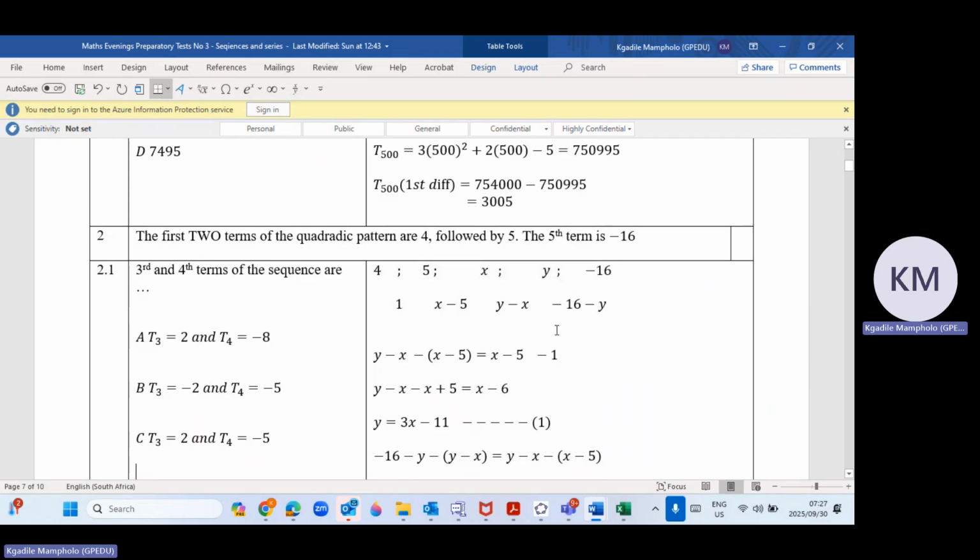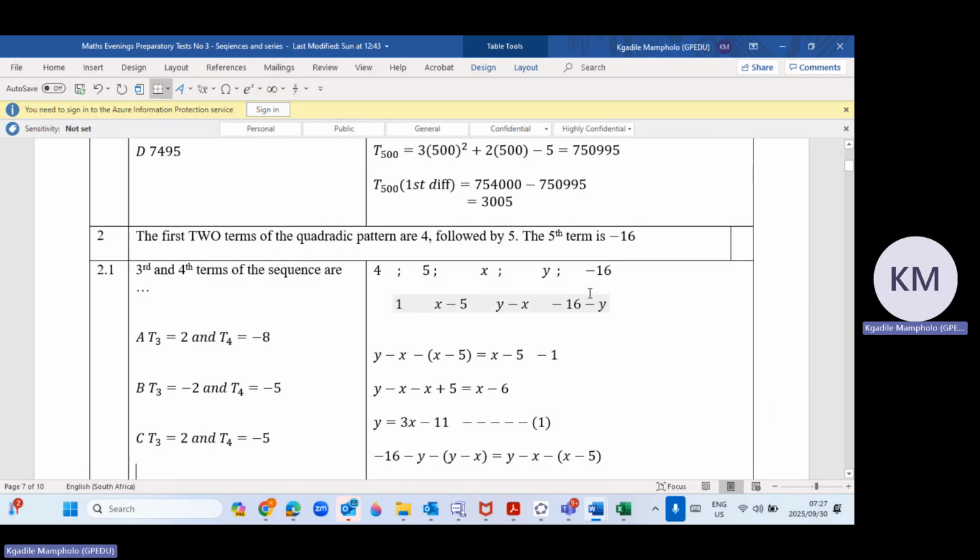We know that when you determine the first differences, you say the fifth term minus the fourth term, the fourth term minus the third term, the third term minus the second term, the second term minus the first term. 5 minus 4 is 1. Now, we know that in a quadratic, the second differences are equal.